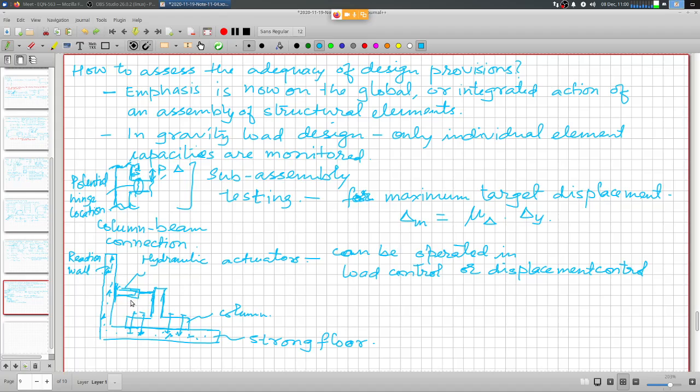That is, I can specify either how much force to apply on this specimen, or I can control how much it has to move, right? So either load control or displacement control.